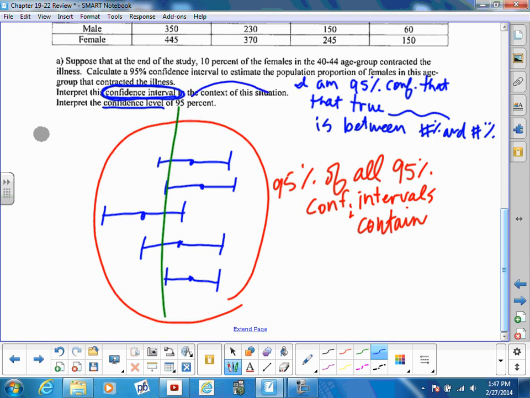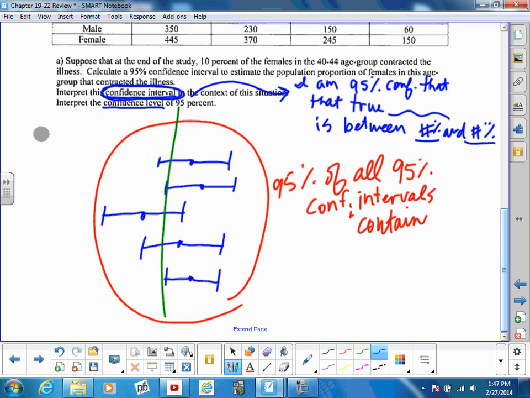That's whenever you say something like, I am 95% confident that the true proportion, difference, whatever, is between this number and this number. That's your conclusion, the interval.